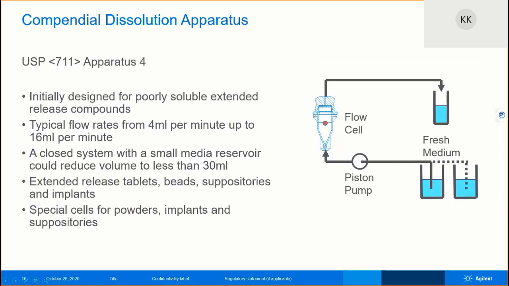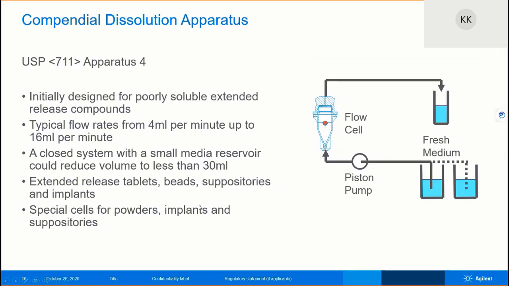You can have a closed system with a small media reservoir, and you can go down to volumes of about 30 milliliters, but you can also have an open system where you are pumping fresh medium in all the time, and your formulation would sit in one of these flow cells here, and everything is then driven by a pump. So quite similar to what you use the apparatus 3 for: extended release tablets, beads, suppositories, and implants.